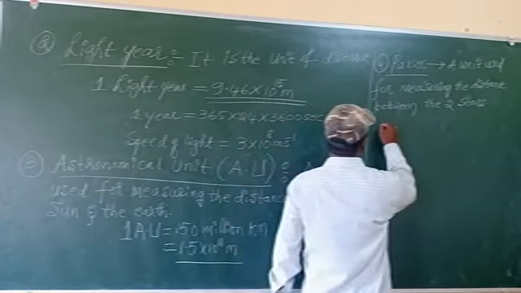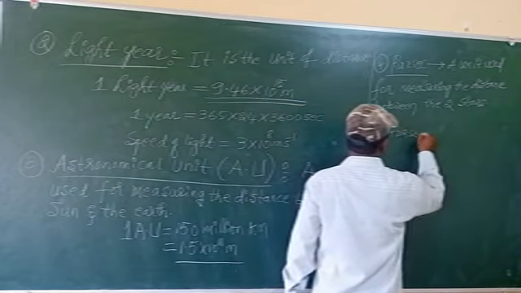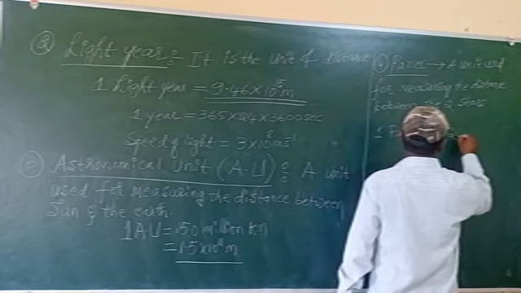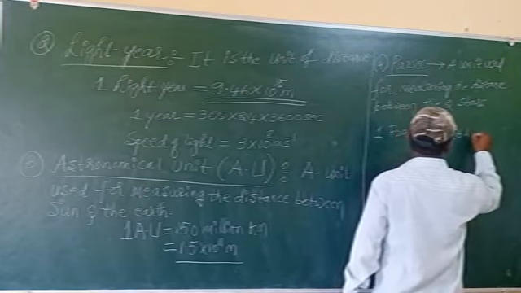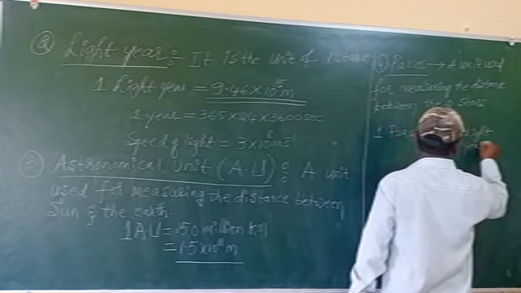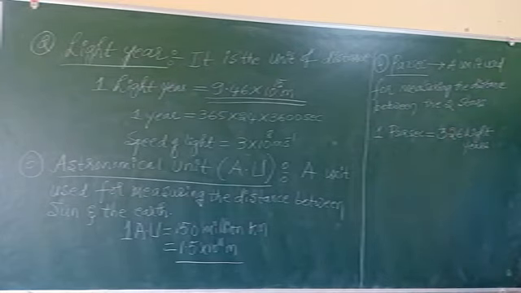So here 1 parsec is equal to 3.26 light years.